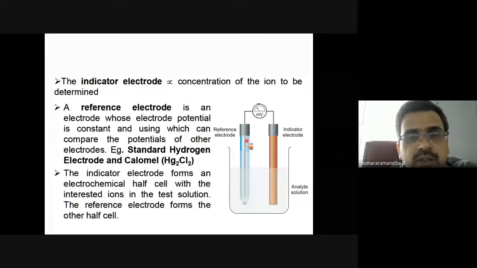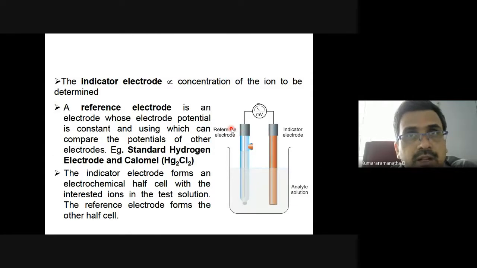Now, in potentiometric titration, we have a reference electrode and an indicator electrode. The indicator electrode is where we are looking at the ion concentration; it indicates the concentration.